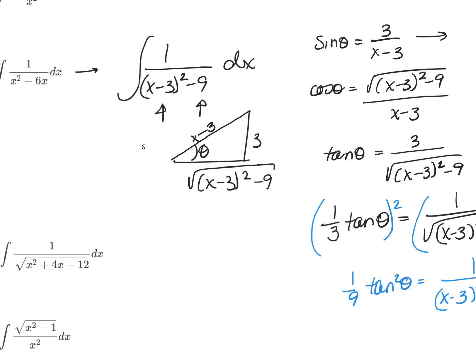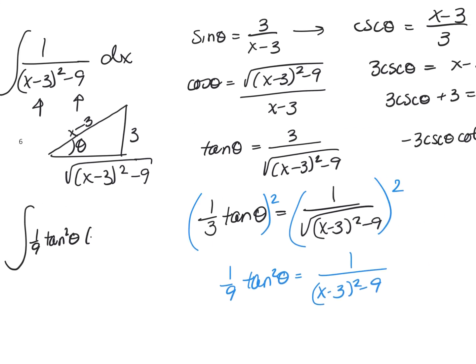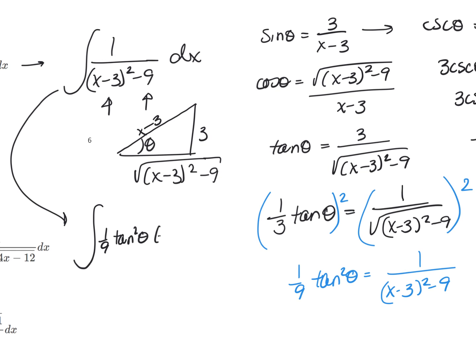And so this integration becomes the integral of my 1 over x minus 3, the quantity squared, minus 9 gets replaced with 1/9 the tangent squared of theta. My dx gets replaced with, what was it, -3, the cosecant of theta, cotangent of theta, d theta.